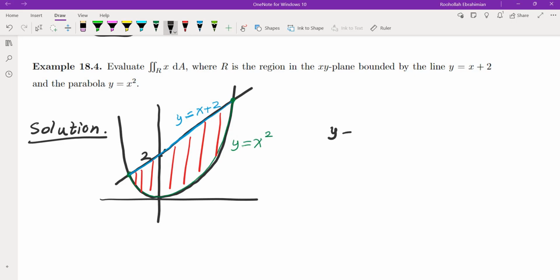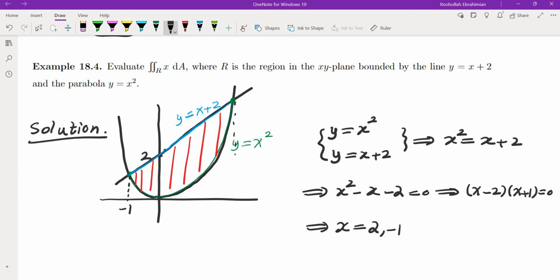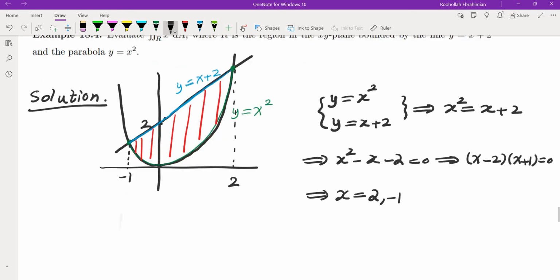So y equals x squared, y equals x plus 2. So x squared equals x plus 2. x squared minus x minus 2 equals 0. We get x minus 2, x plus 1 equals 0. So that gives us x equals 2 and negative 1. So this point is negative 1, and this point is 2.